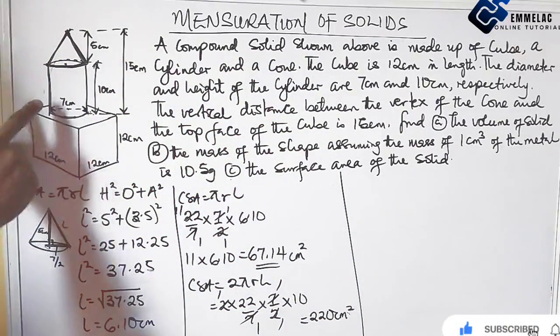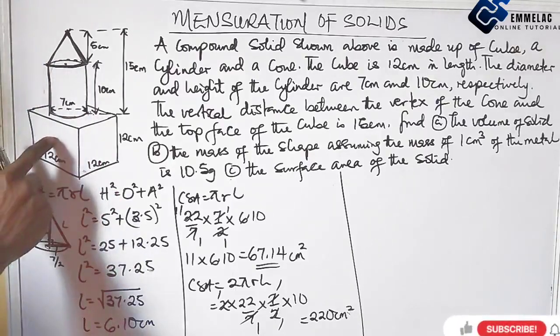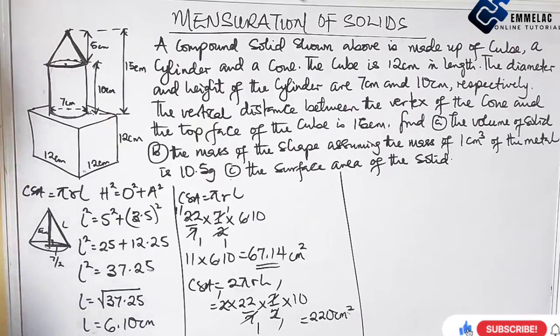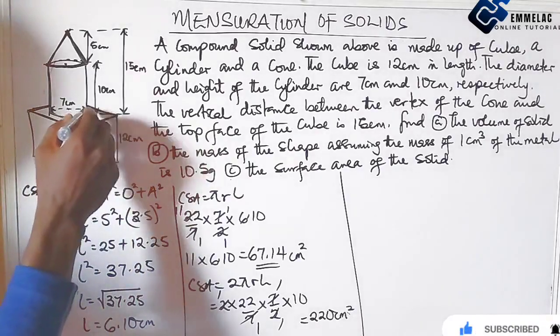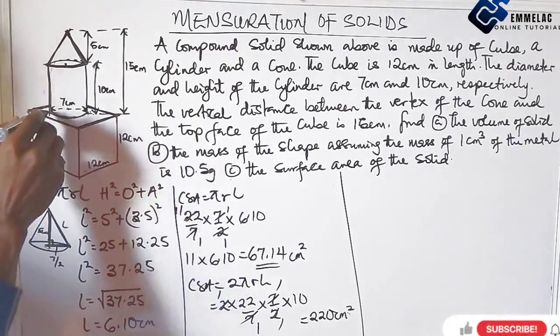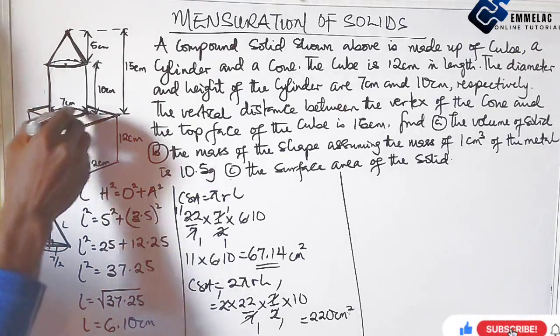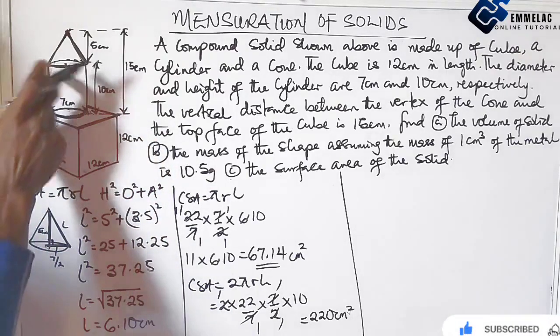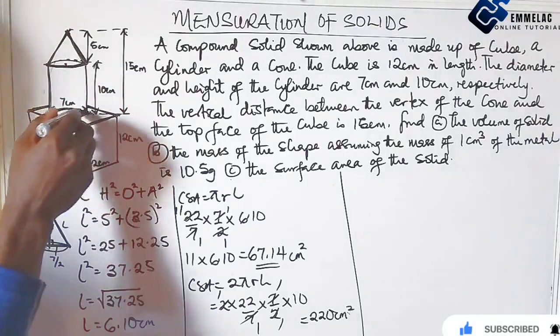Okay, all right, so we've gotten this. Now let us go for the cube. In going for the cube, let us ensure here. Now take a look at this, please. This top here, you see that this has been taken off. That is the area of the circle of the cylinder that has taken off this part.